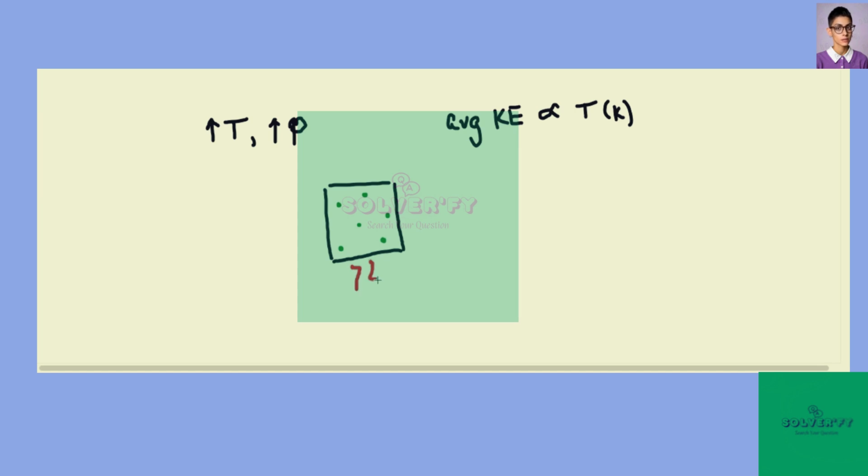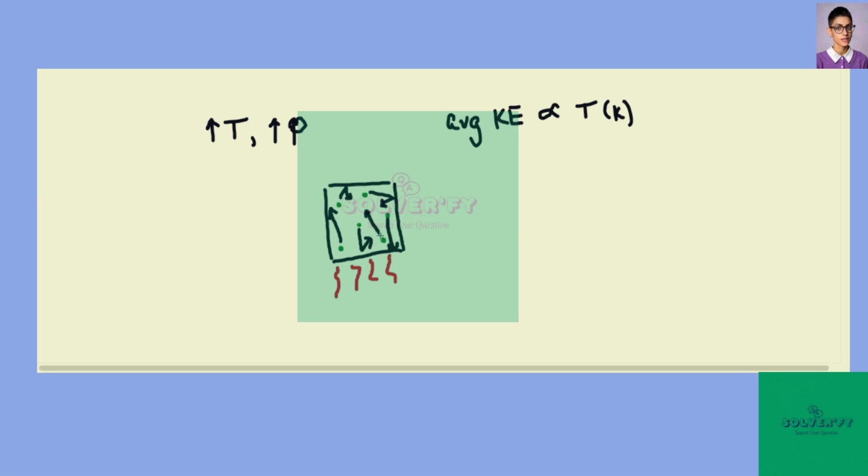So when I warm up my sample of gas, if I'm increasing the temperature, and temperature is directly proportional to the average kinetic energy, that means now my gas particles have more energy and they're more likely to collide with the walls of the container. And they're also going to hit the walls with much greater force. So I give them more energy, they hit more frequently, and they have more force when they hit.